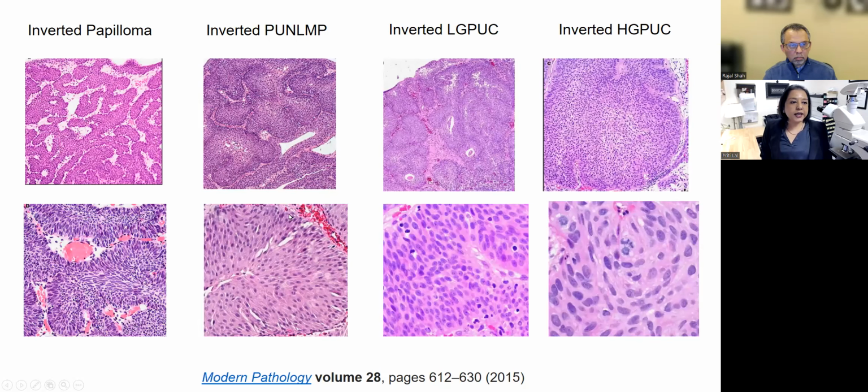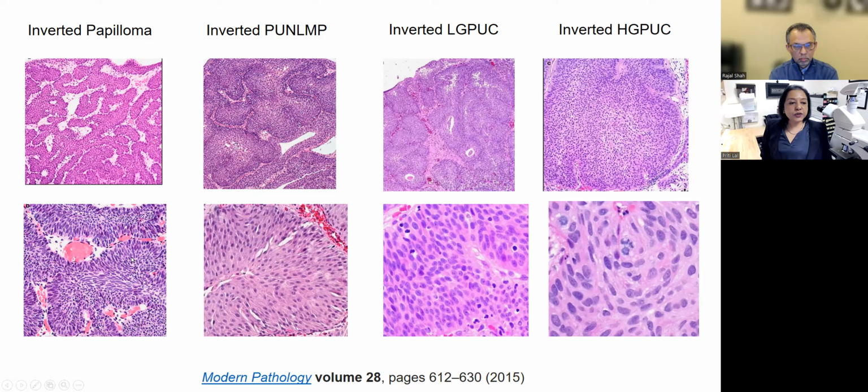So what we learned today is that there are exophytic entities recognized by the WHO for papillary lesions, including papilloma, inverted papilloma, PUNLMP, inverted low grade, and inverted high grade. Each of these can have an inverted growth pattern.